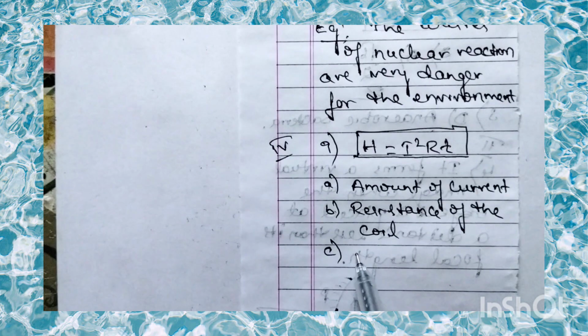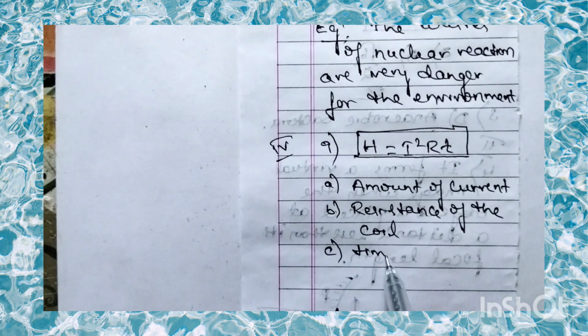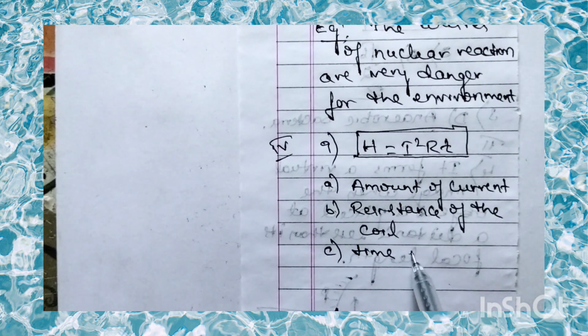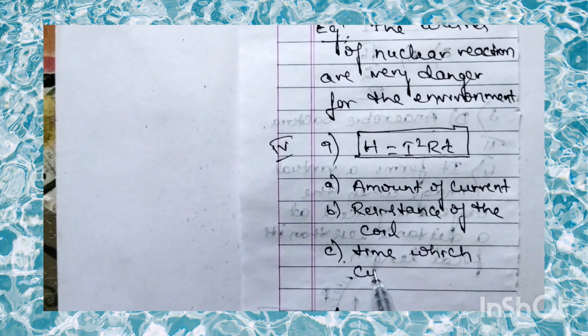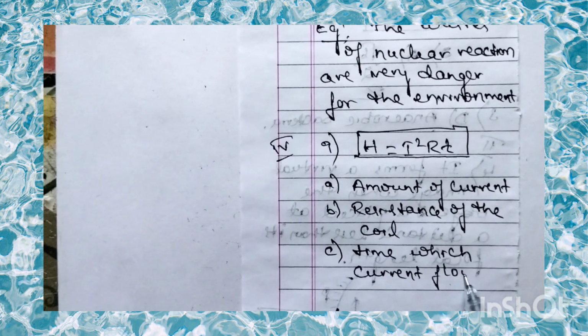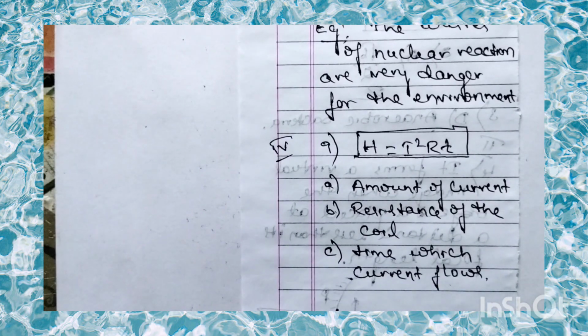And the third one, it depends upon the time for which current flows. So it also depends on how long we let the current flow. So the heat produced in a conductor depends upon these factors.